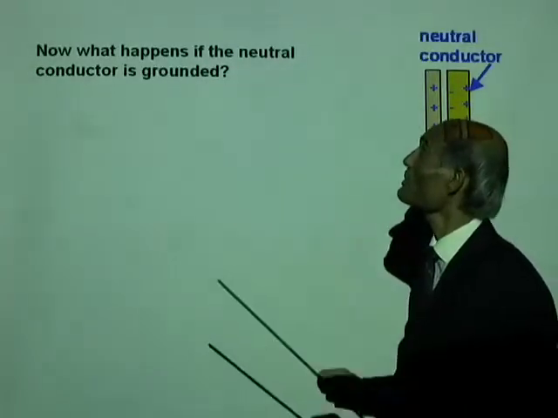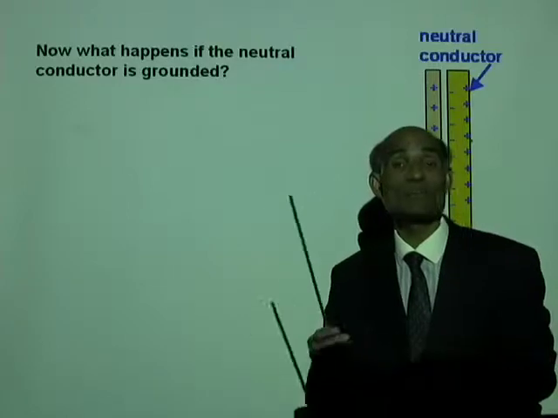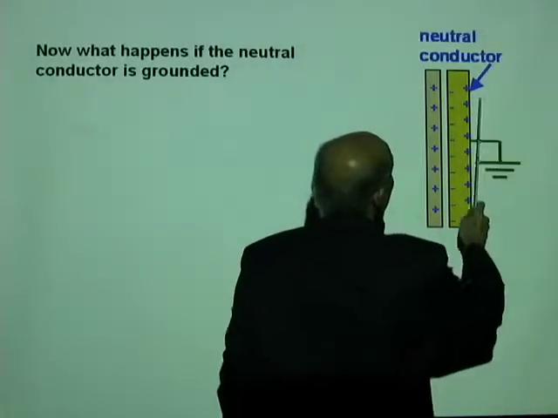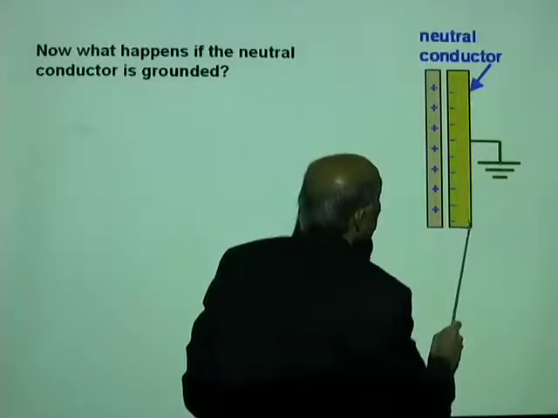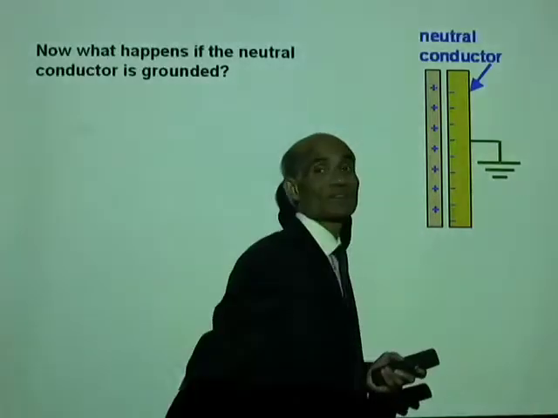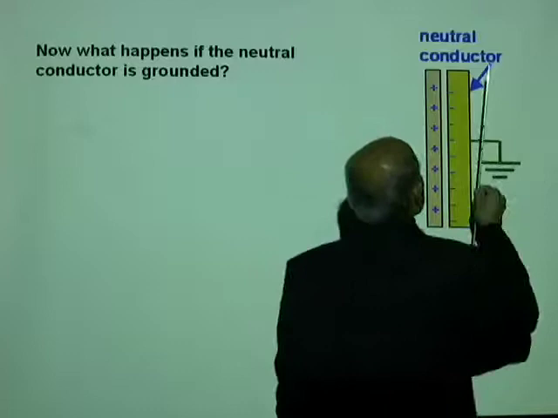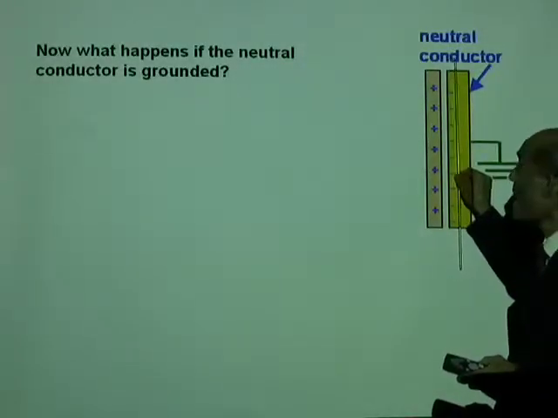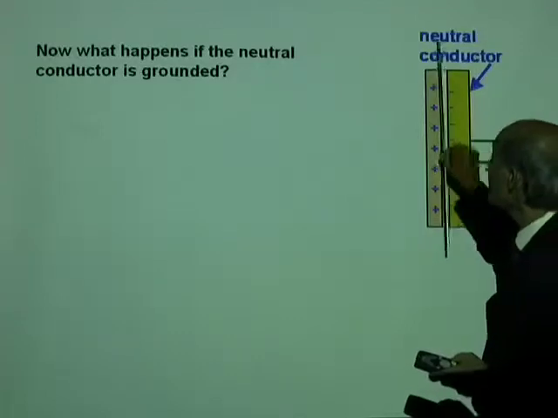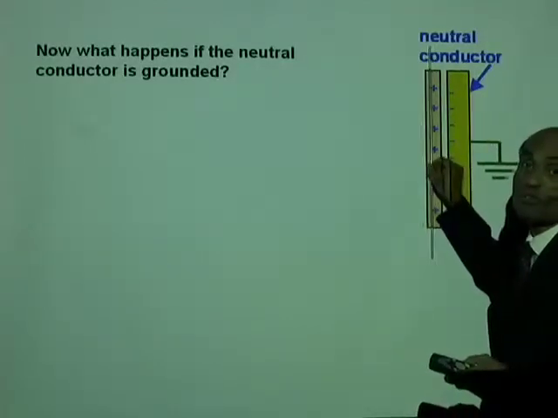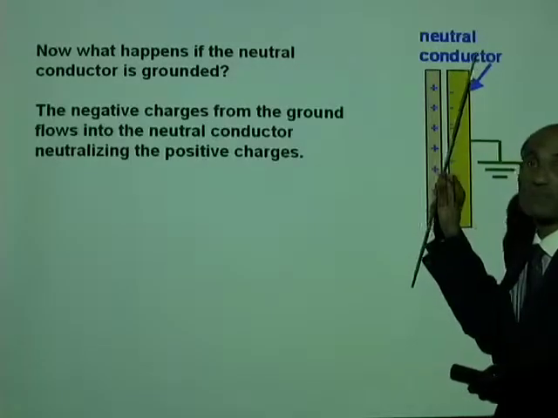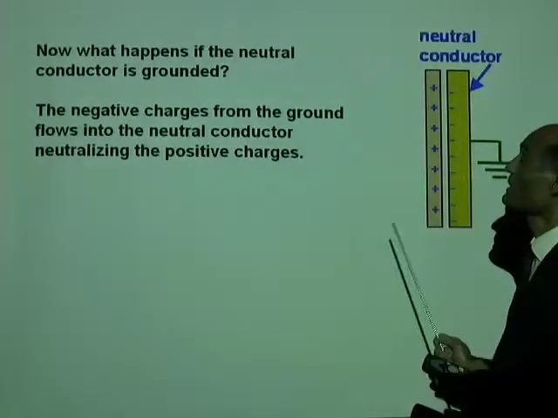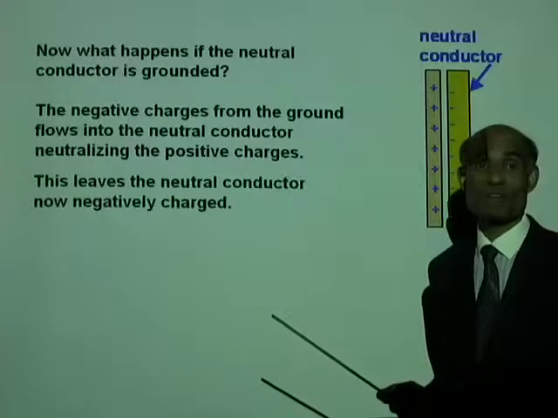Now, what happens if the neutral conductor is grounded? Well, let's ground it. When you ground it, all the positive charges have disappeared. That means the negative potential due to these charges now has a bigger influence on the positive potential of this conductor. The negative charges from the ground flow in to neutralize the positive charges.